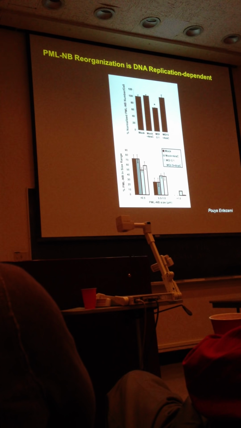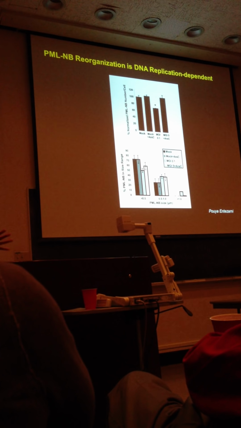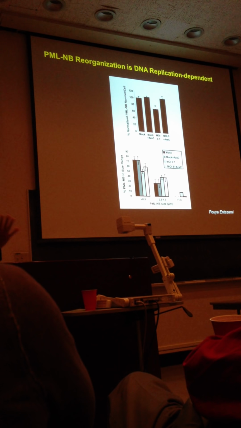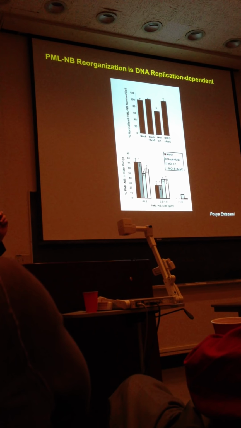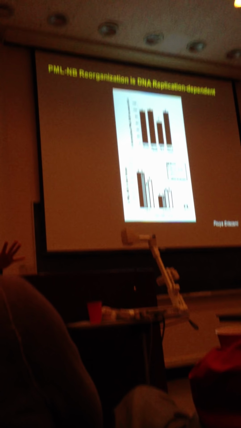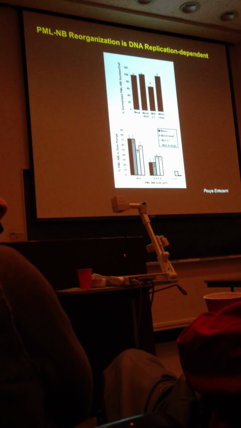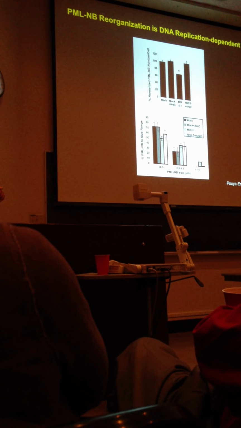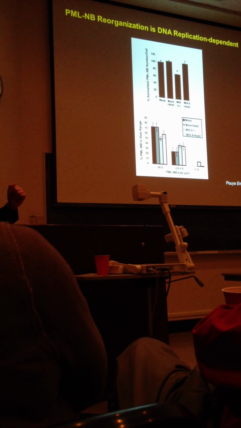I also have to point out that we had to adjust the MOI, basically the amount of virus we use for these experiments, because we want to make sure that the only variable between the two samples is viral DNA replication. We want all the other protein levels to be similar, so we have to use a high MOI when viral DNA replication is inhibited.